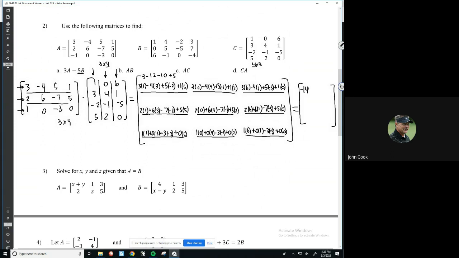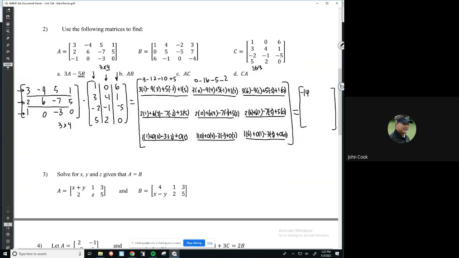And then we have 0 minus 16 minus 5 plus 2. So that'll be negative 3 minus 16 is negative 19. And then we've got 18 minus 4 minus 25 plus 0. So let's see, 18 minus 25 is negative 7. Negative 7 and negative 4 is negative 11.